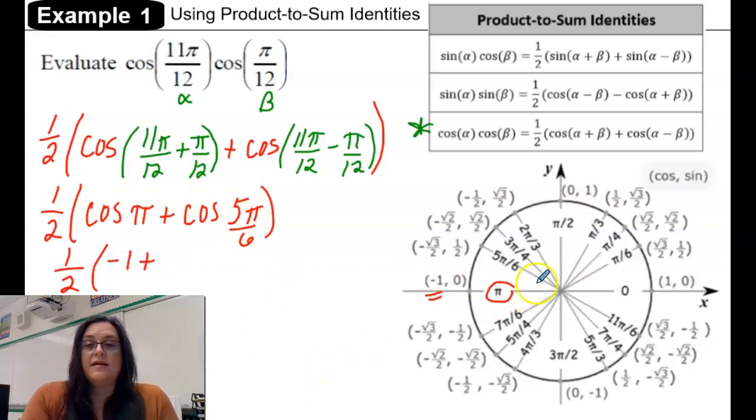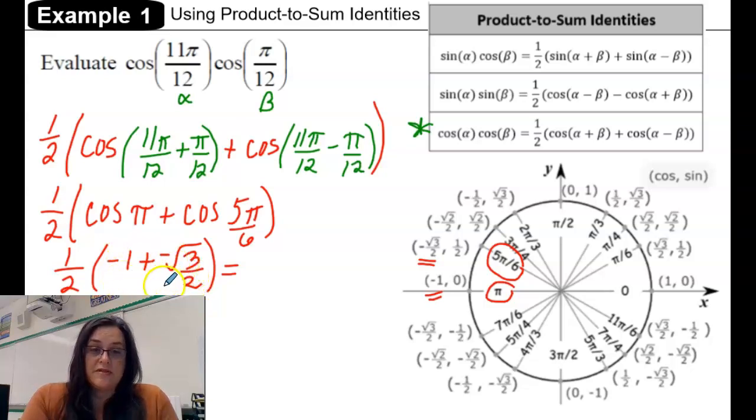Then the cosine of 5 pi over 6, here's 5 pi over 6 on the unit circle in quadrant 2, and the cosine is the x coordinate, which is negative square root of 3 over 2. So now we want to add -1 plus negative root 3 over 2, which requires a common denominator. So that would be a common denominator of 2.